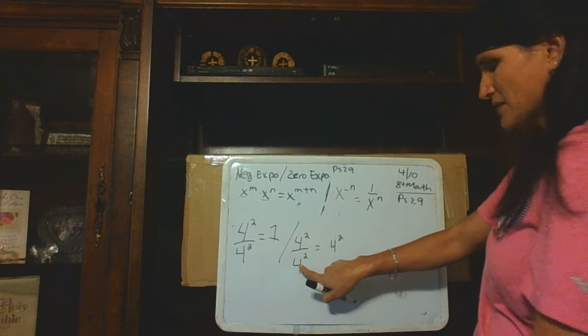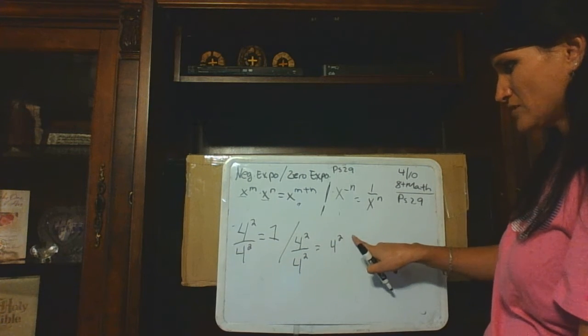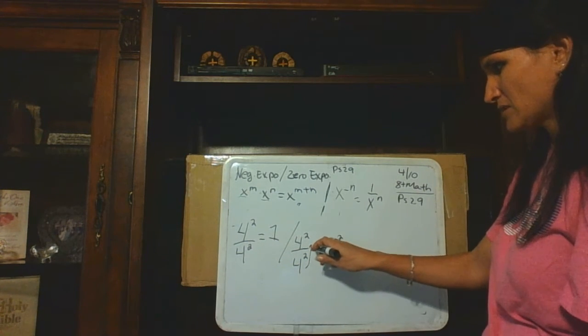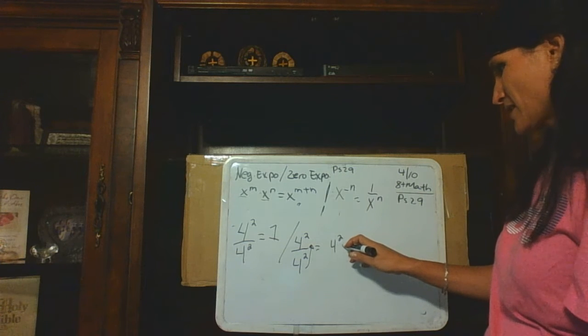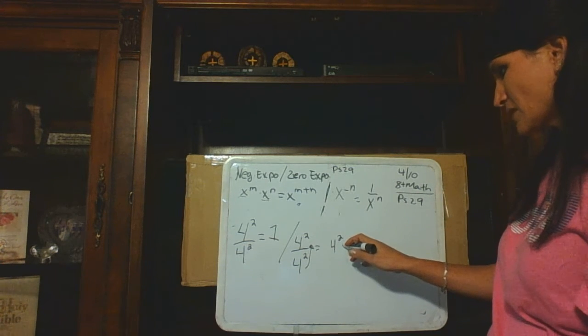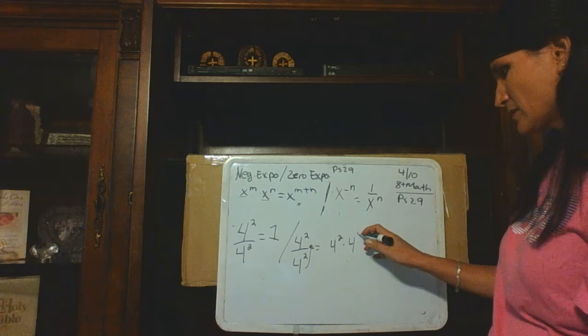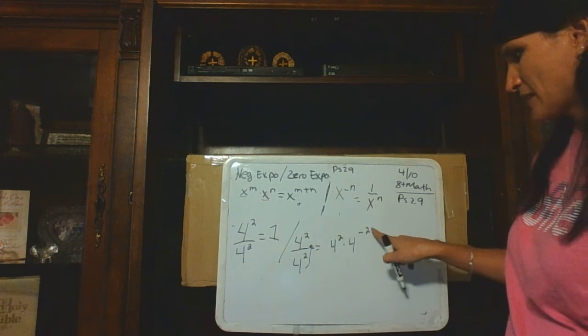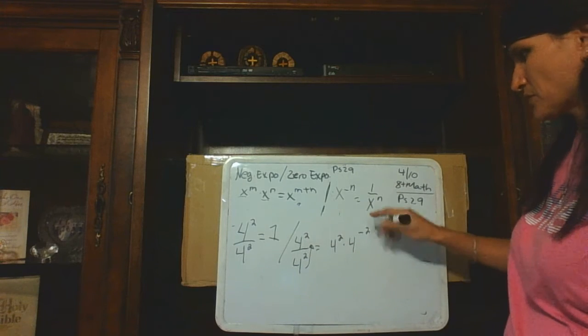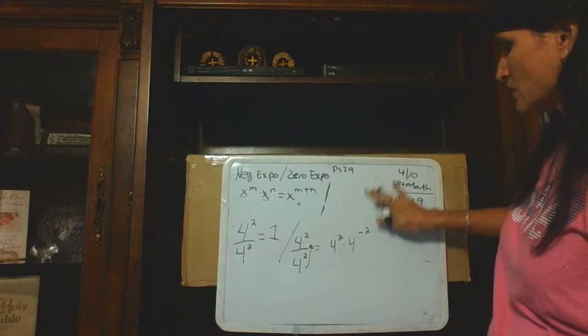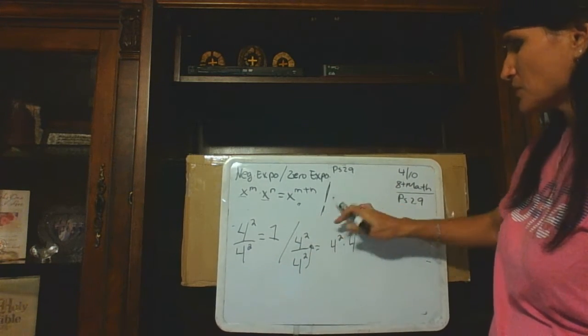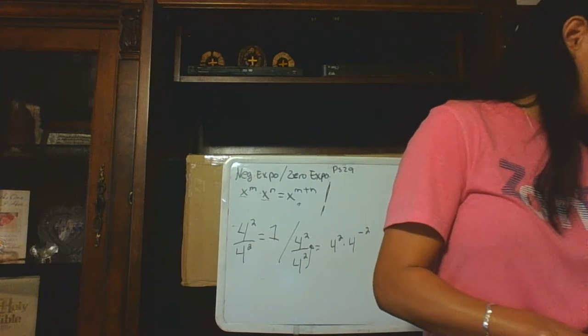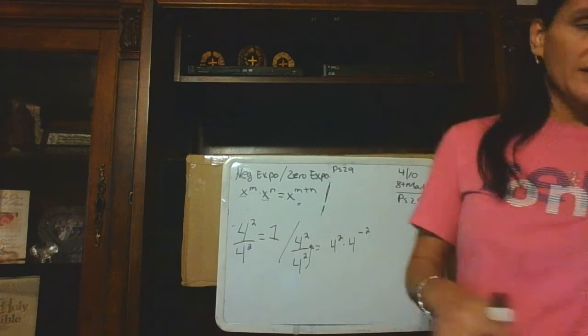But this time I'm going to take the denominator and move it to the numerator. So I'm moving it to the top, okay? And I'm going to say times 4 to the negative 2. I have to change it from a positive to a negative because I went from the bottom to the top. And that's why the definition for the rule was stated the way it was.